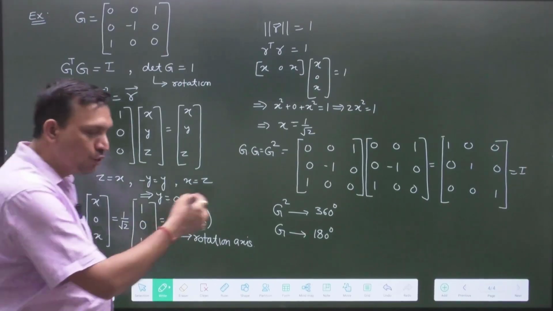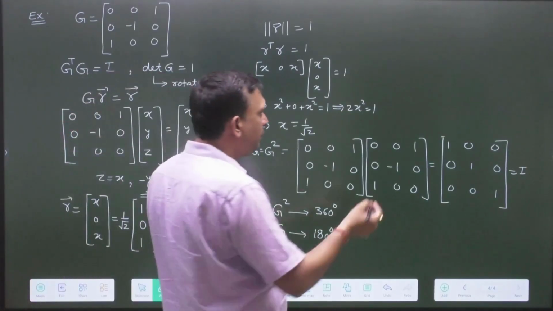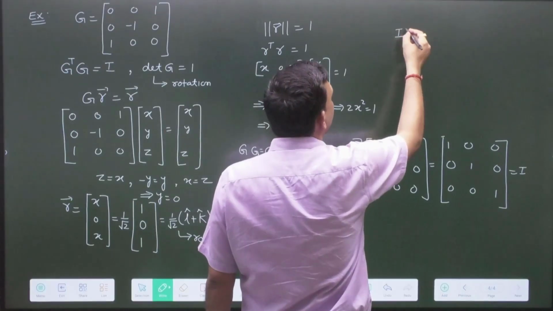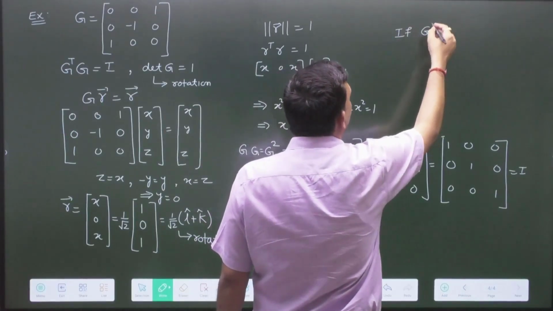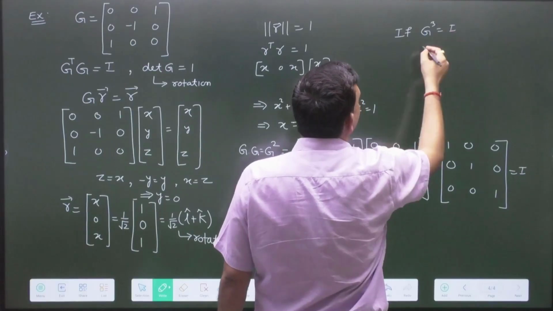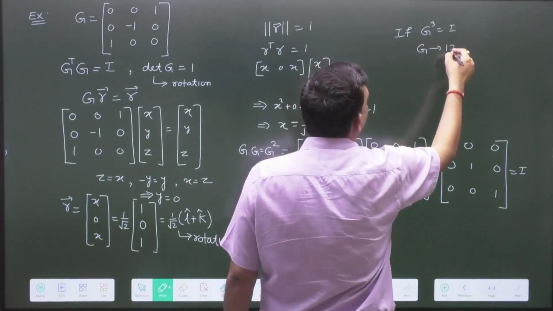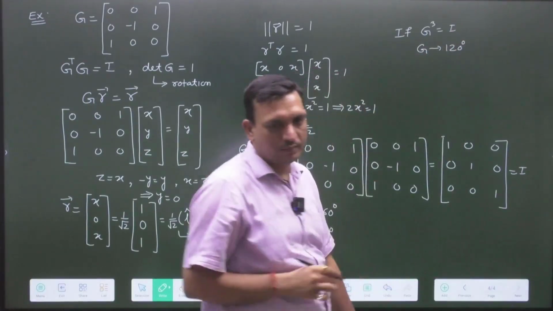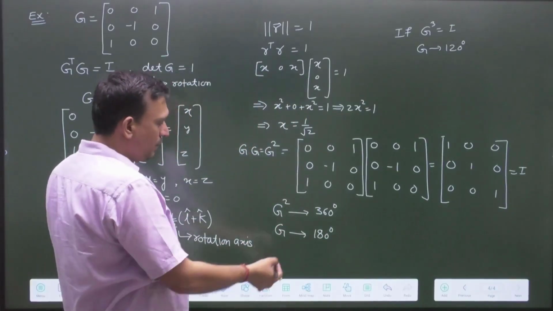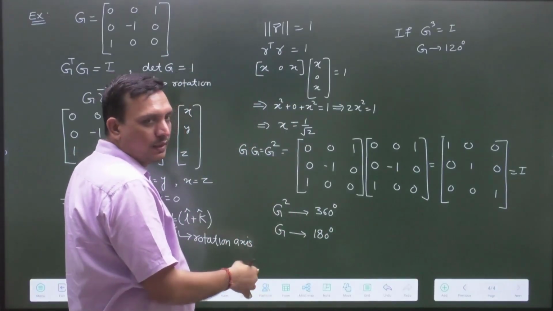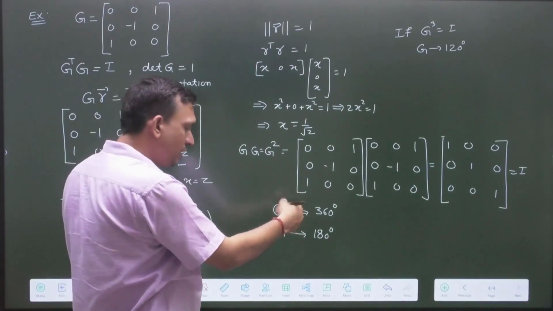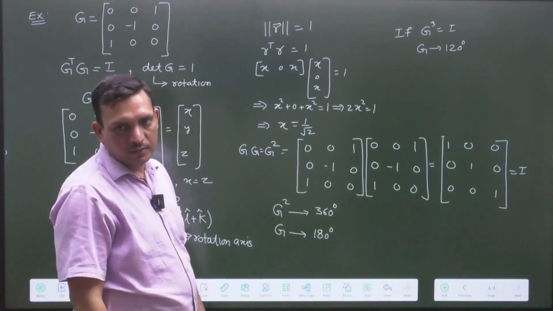If G square is identity, fine. If for some other matrix G cube is identity, then G corresponds to a 120-degree rotation. Here, because it is G square, G corresponds to a 180-degree rotation.